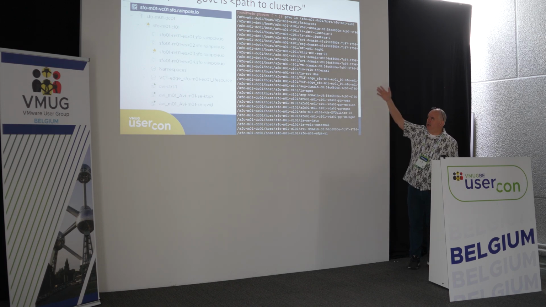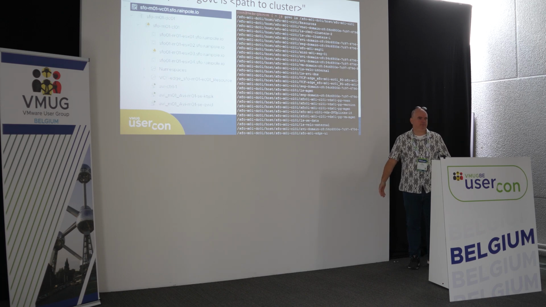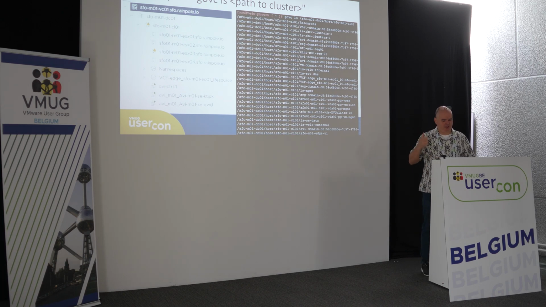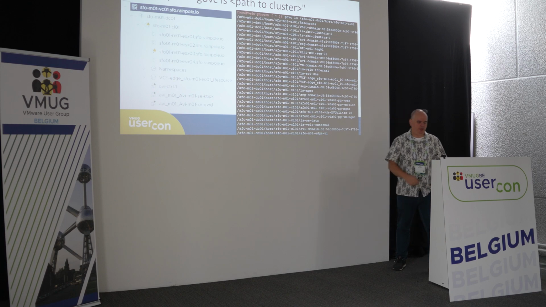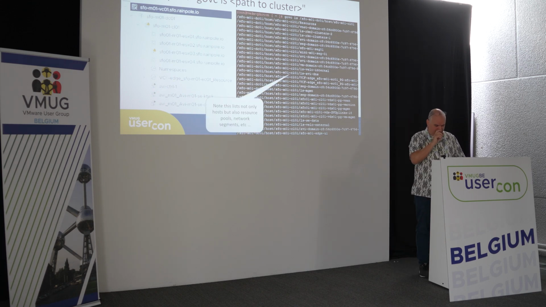Here I've got a long list, which is non-exhaustive. The screen doesn't go all the way down. But what you see there is actually a bit of everything. You see resource pools and you see networks, plenty of stuff, right? So that's where you will kind of filter down further.